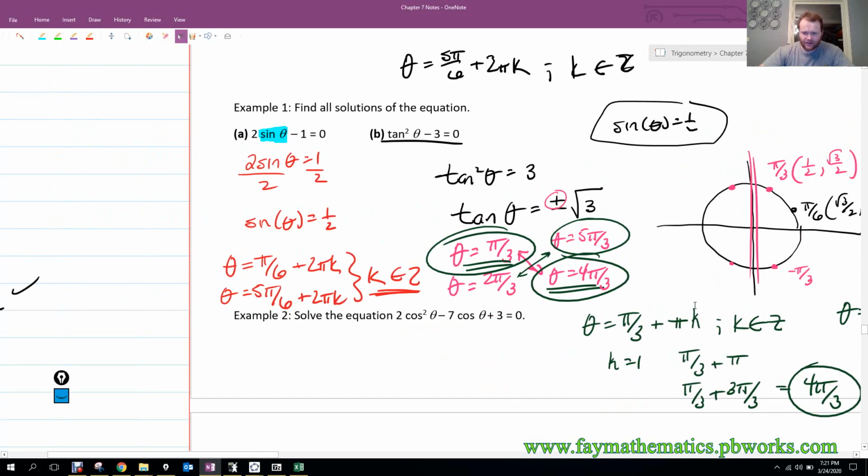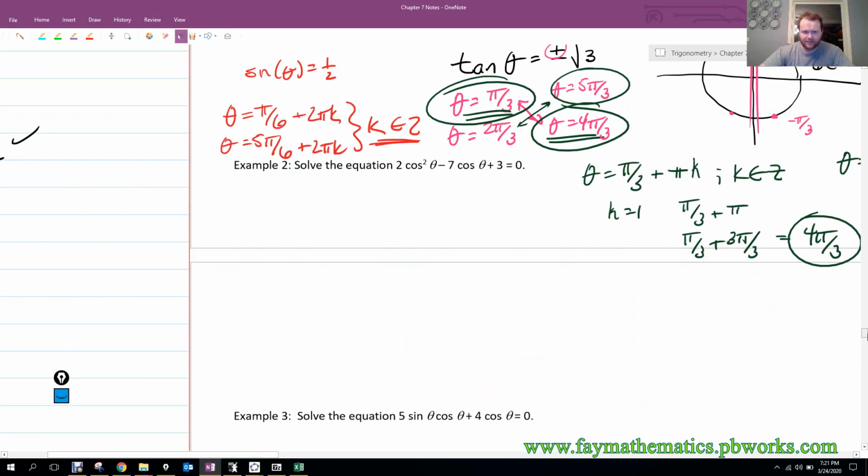It says solve the equation 2 cosine squared theta minus 7 cosine theta plus 3. First thing I want you guys to notice here is that there's a certain structure to this. It's a cosine squared, a cosine to the first, so if we analyze this algebraically, this is quadratic form.